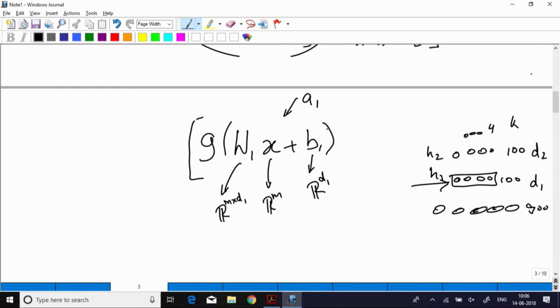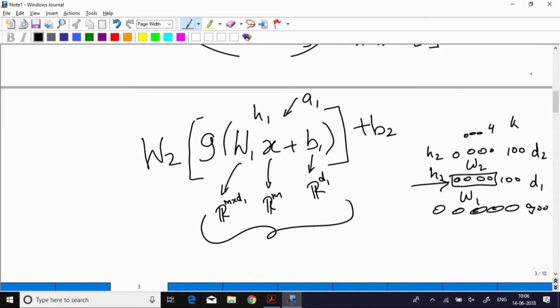I take this entire thing, remember, is H1. What do I multiply it by? W. So this was W1, this was W2. So I multiply it by W2 and add B2. So what's the dimension of this entire thing? This is H1. How many H1s do you have? 100, right? So this is R^D1. What's the dimension of W2?